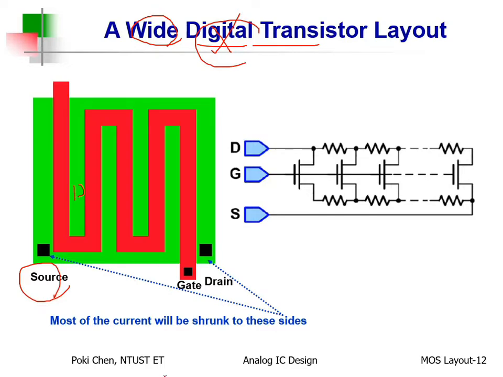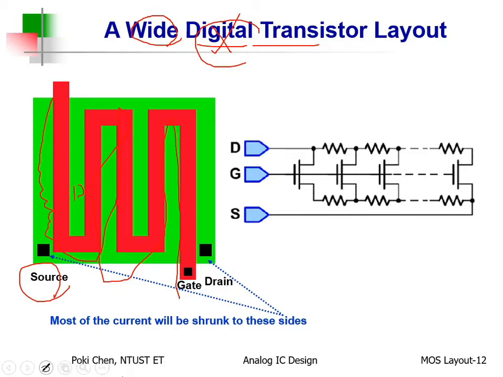For such kind of serpentine 大蛇状 layout, you have a very long interface from here all the way, right? Such a very long interface between source and drain. The interface between source and drain means the width, right? And the distance between source and drain, that is the length.